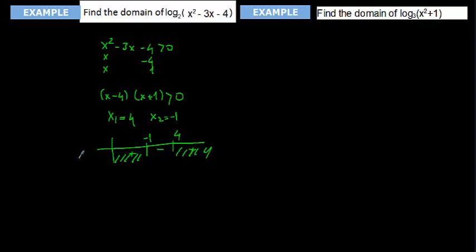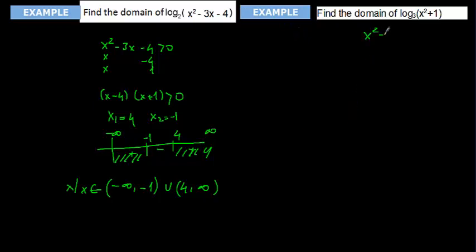On this side it was minus infinity, this side it was plus infinity, so the answer is minus infinity to minus 1 union 4 to infinity. Infinity sides are always open parentheses. This is greater than 0, that's why it's open parenthesis again, and x is an element of this set. Okay, the next exercise is a bit different.